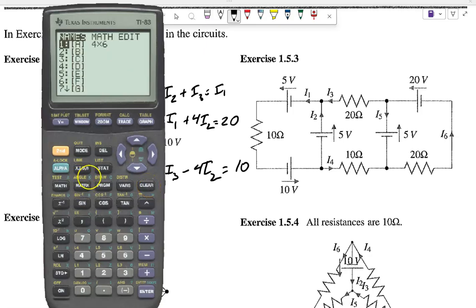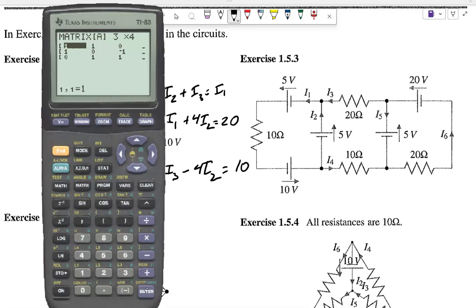So what's the first equation that we have here? Okay. So how should we fill in our matrix entries then? If we use I1, I2, I3 for our first 3 columns, how should we fill out the matrix entries?